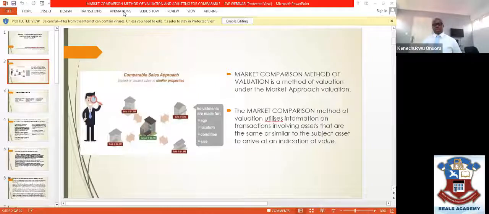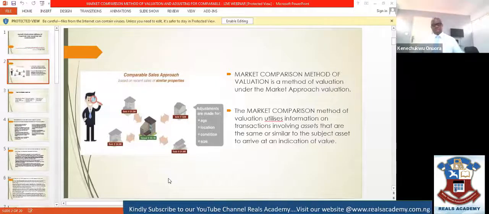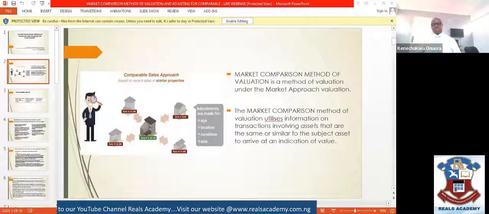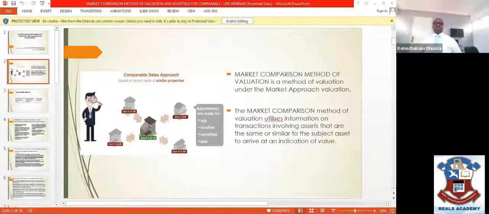So to qualify as a comparable property, the property, as I said earlier, must resemble the subject property in size, shape, design, utility, and then location as well. It should have been sold within the period of your valuation, 6 months, under 1 year, and there should have been arm's length negotiation.